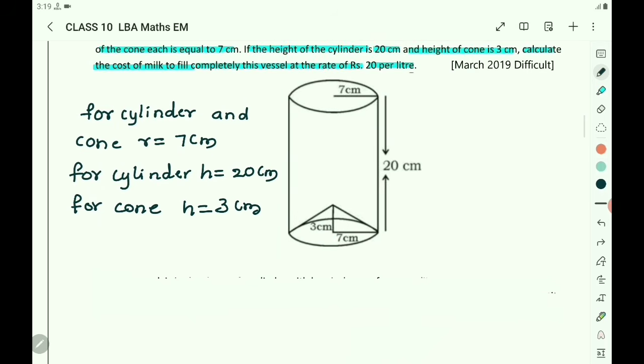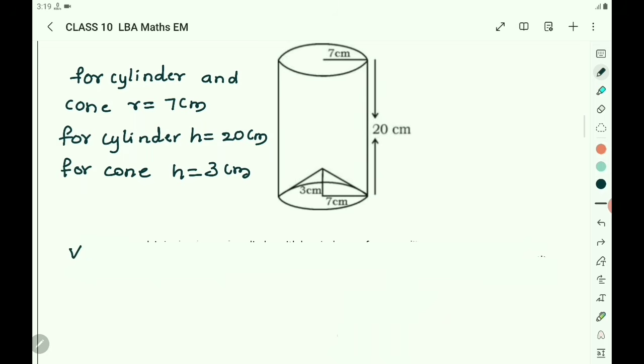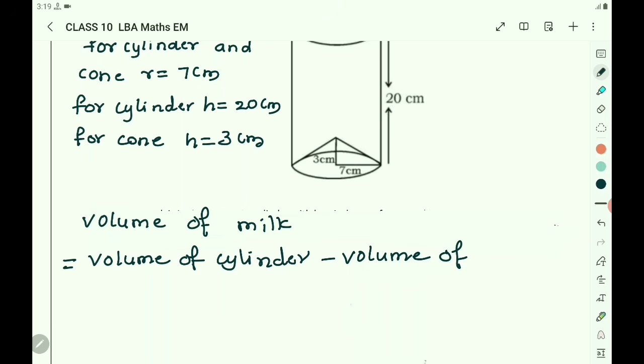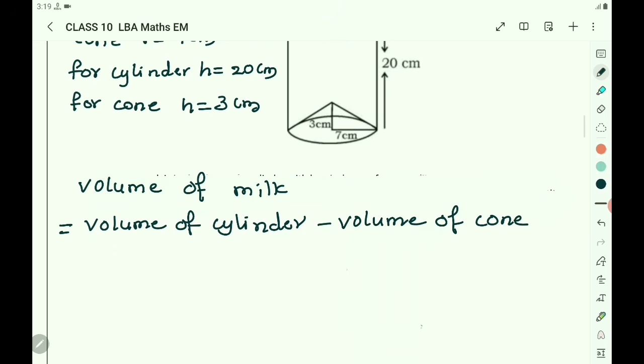Now you write volume of milk equals volume of cylinder minus volume of cone. Volume of cylinder is pi r square h, minus volume of cone is 1 by 3 pi r square h.